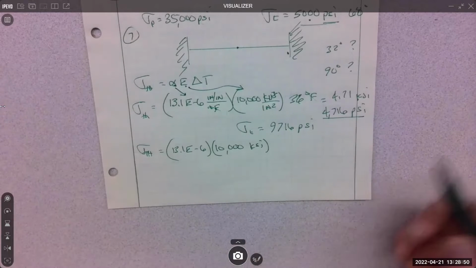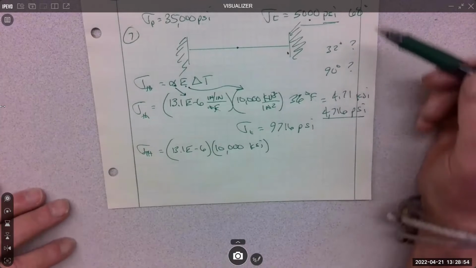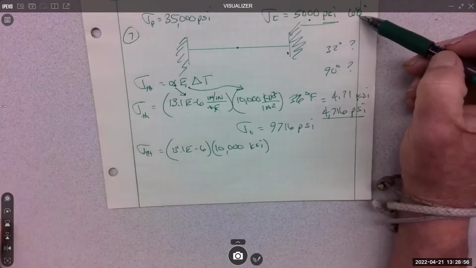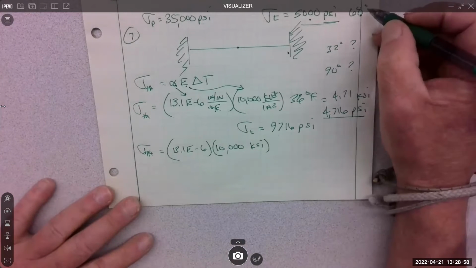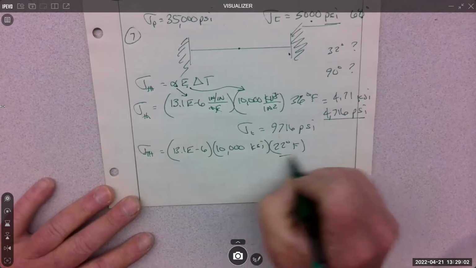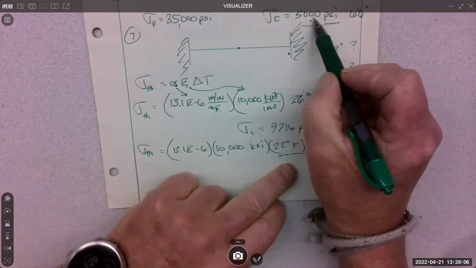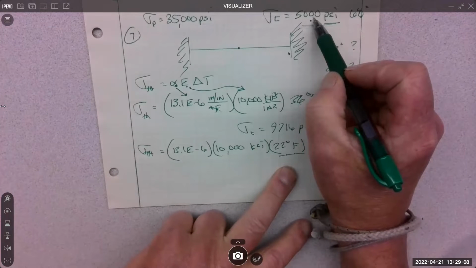But now we have a temperature rise from 68 to 90, which is 22. Is that right? Yeah, 22. But this time, this is a rise, and this stress will relieve the 5,000. So we take it away from the 5,000.